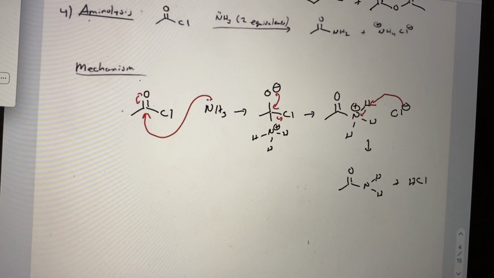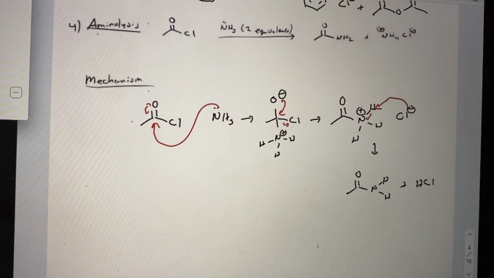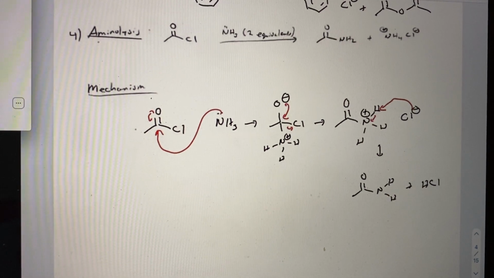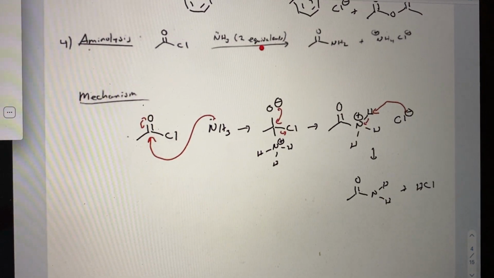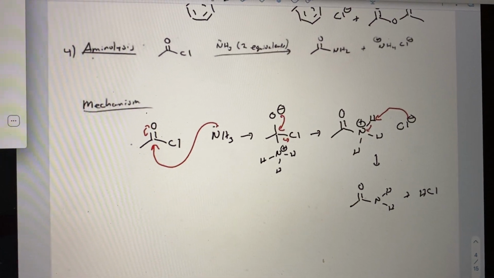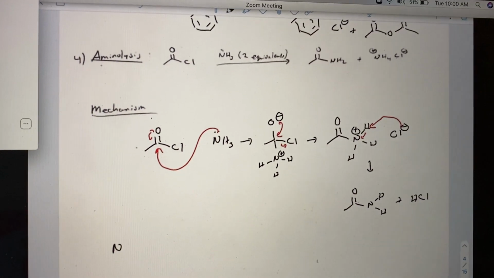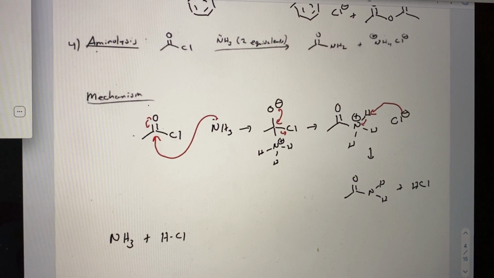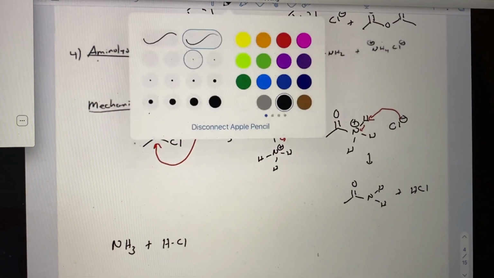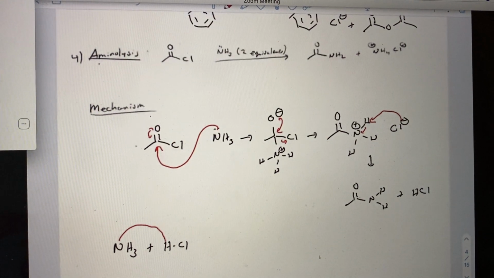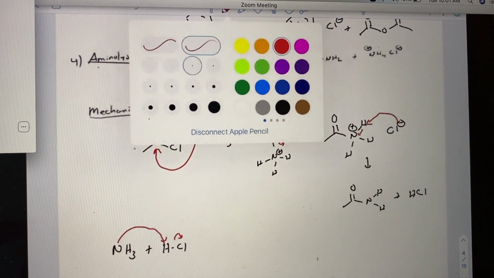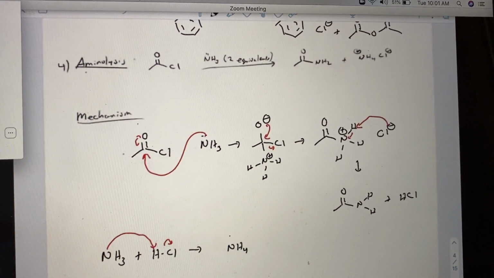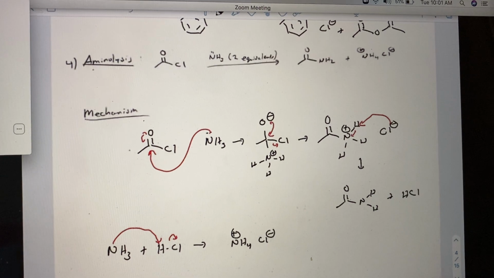So that's the problem practically, or in the lab, with these acyl chlorides: we generate this strong acid, which we might not want. And that's what this 2 equivalents is all about. So what we could do is have ammonia, I'll write it down here, another equivalent of ammonia react with HCl in an acid-base reaction to generate NH4 plus Cl minus.